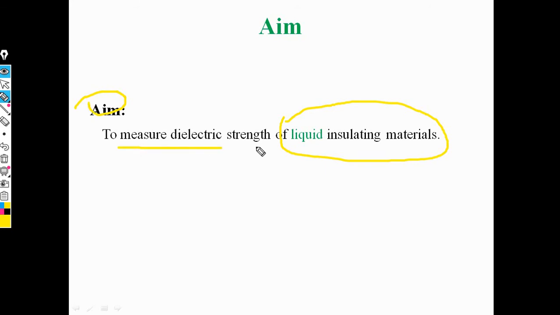The aim is to measure the dielectric strength of liquid insulating material. Dielectric strength is defined as the ratio of voltage per distance. This voltage is measured in kilovolt and this distance is measured in mm.